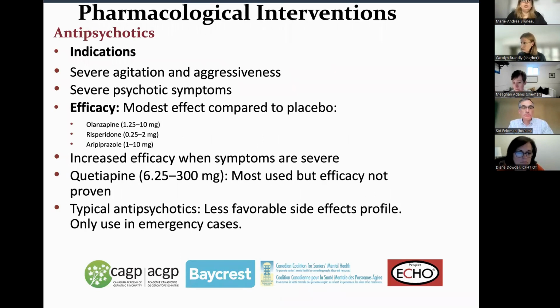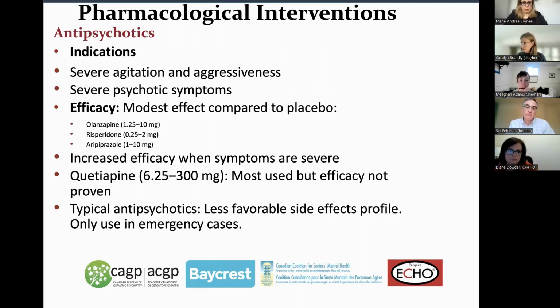Antipsychotic medications are indicated only if there is severe agitation and aggressiveness or severe psychotic symptoms. The literature says that they have a modest effect compared to placebo, about a third reduction of symptoms. The ones that are studied are olanzapine, risperidone, and aripiprazole.